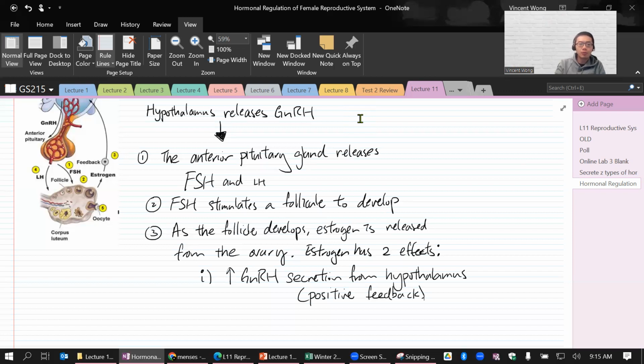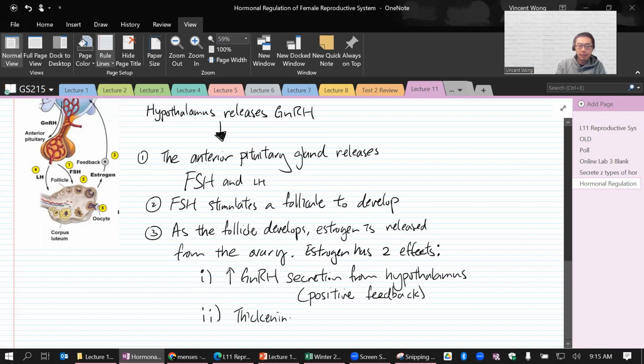Okay, so the estrogen will go back to the hypothalamus and it will cause even more GnRH to be released. Secondly, the second effect of estrogen is that it will cause the thickening of the endometrium.